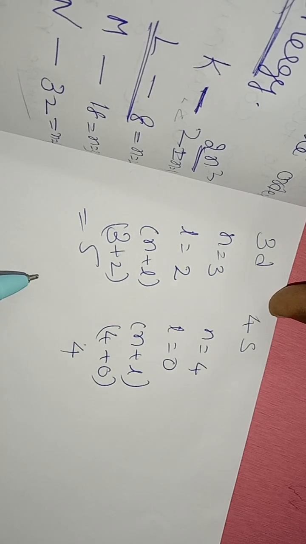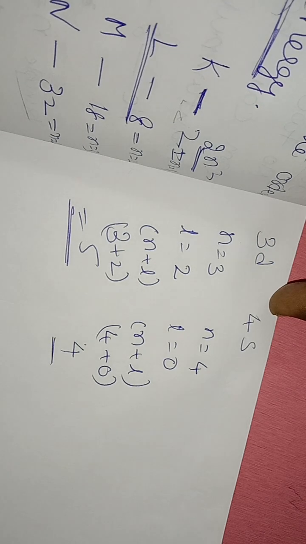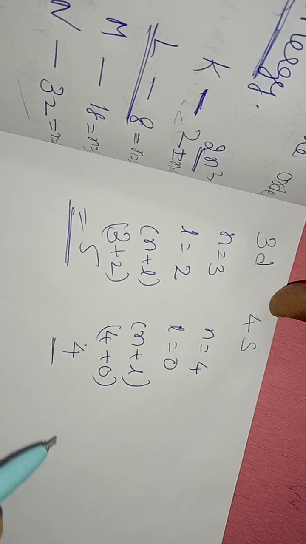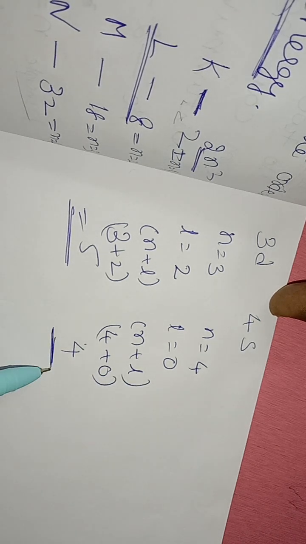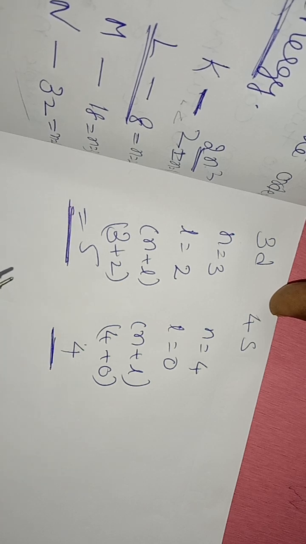So which one is higher energy level here? 3d has higher energy when you compare with the 4s orbital. Means electrons occupy the 4s orbital first, and then they will come to 3d.